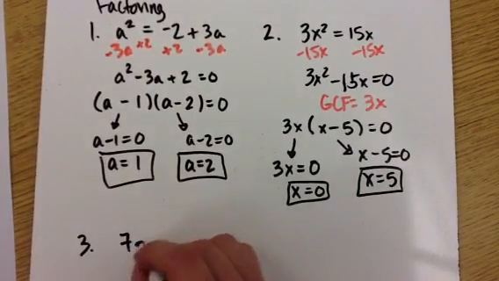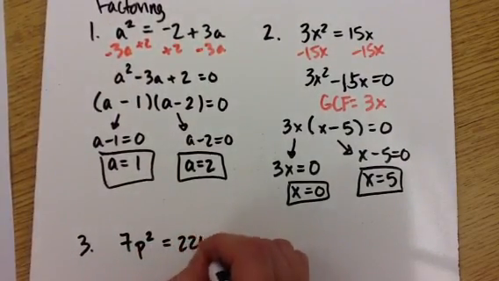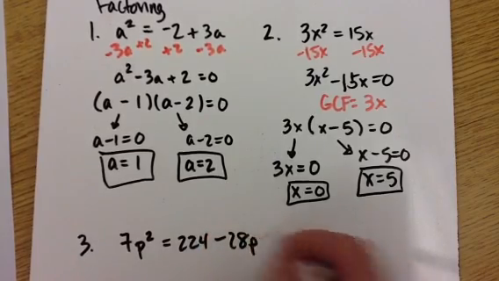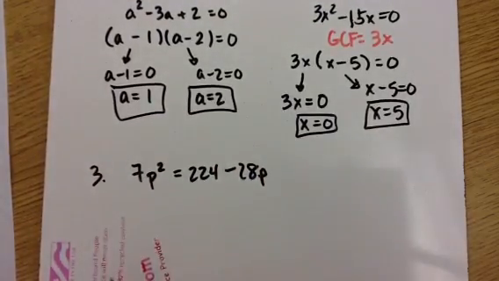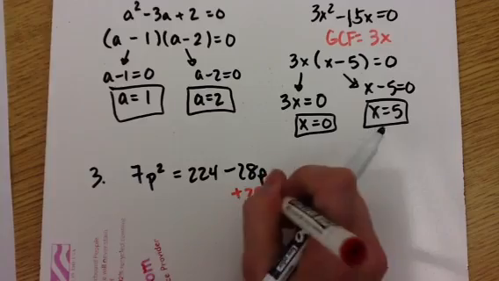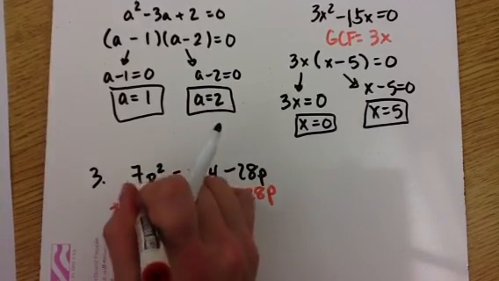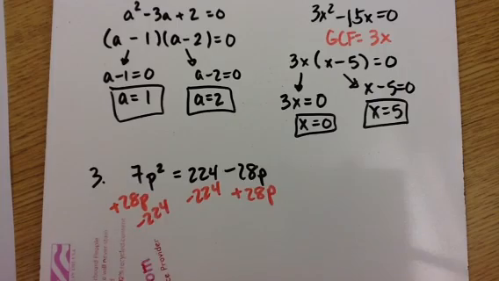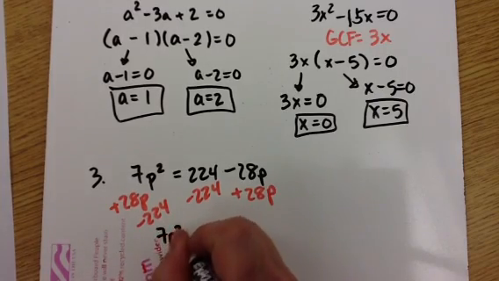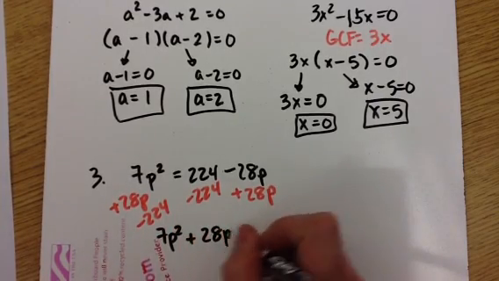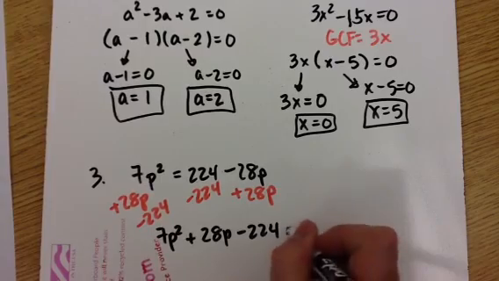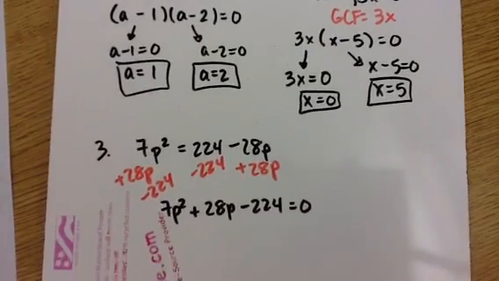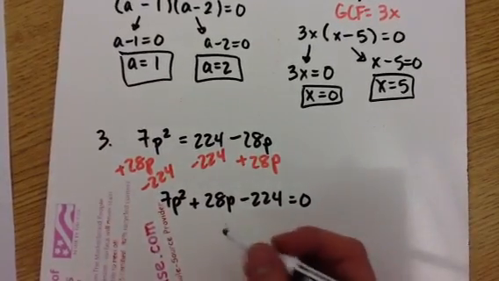Number 3 is 7p squared equals 224 minus 28p. I think you get the gist that I'm going to be moving all of my terms to one side. So I have 7p squared plus 28p minus 224 equals 0. Okay, let's check and see if there's a common factor.